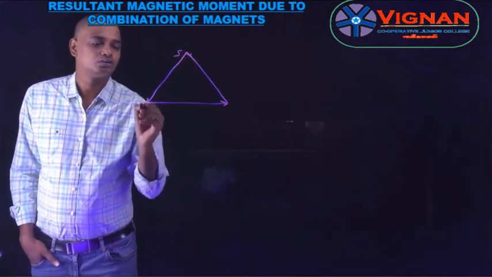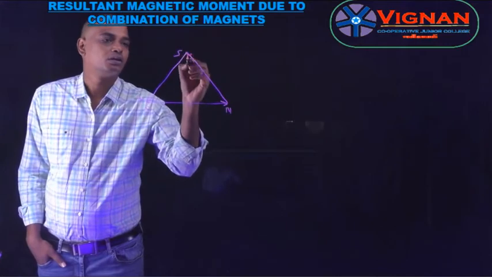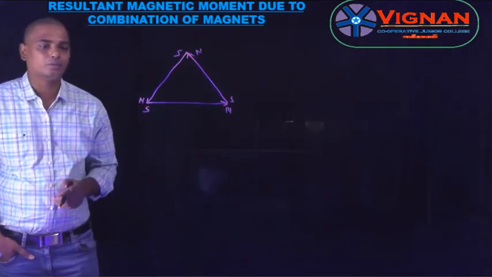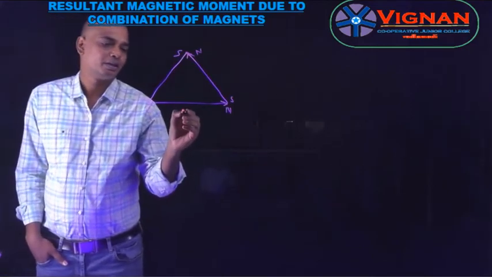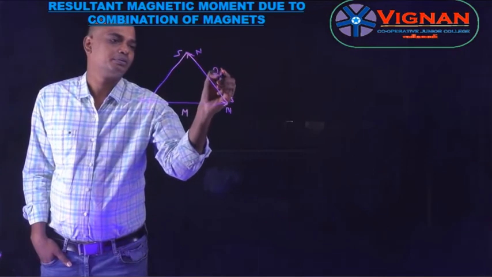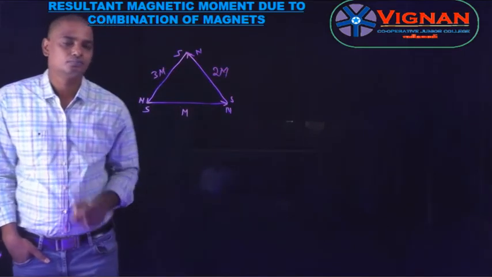It is south to north for the first magnet, south to north for the second magnet, and south to north for the third, only the direction of the magnetic dipole moment. Here the magnetic dipole moment is M. Here let it be 2M. Here let it be 3M.